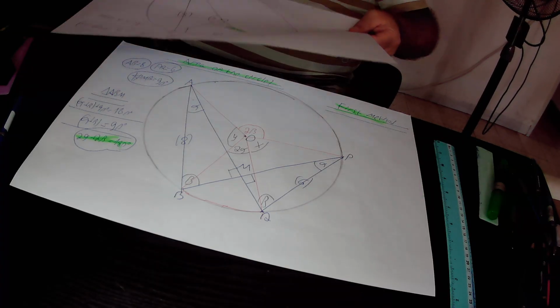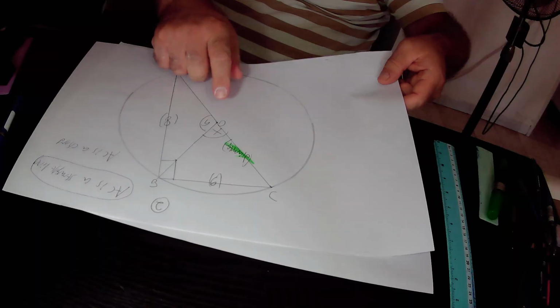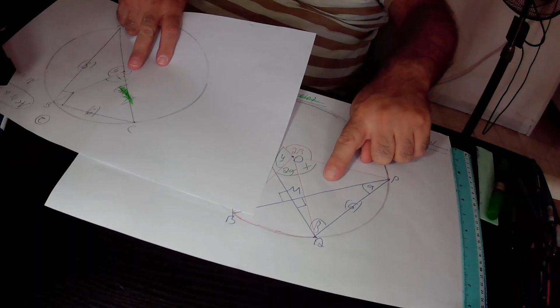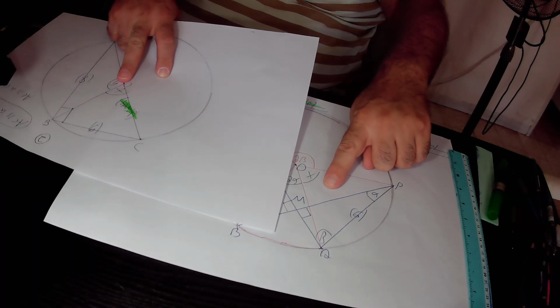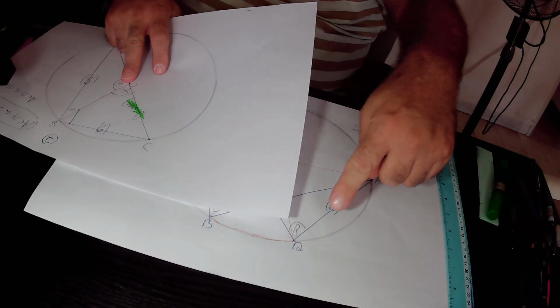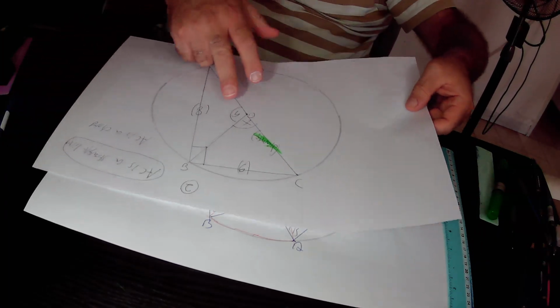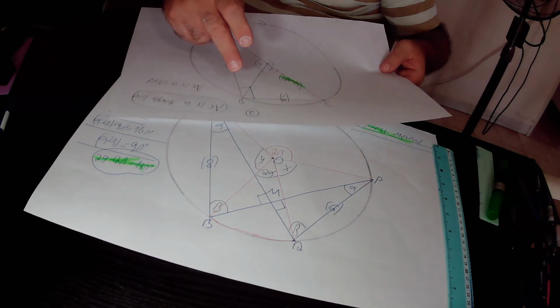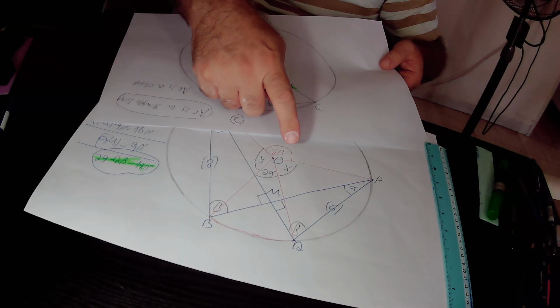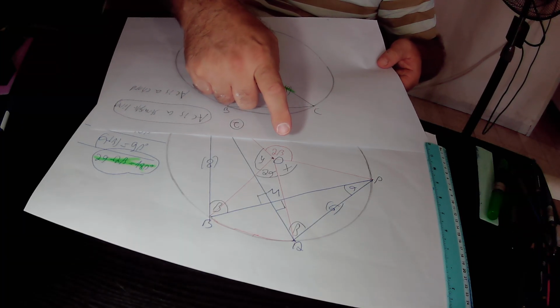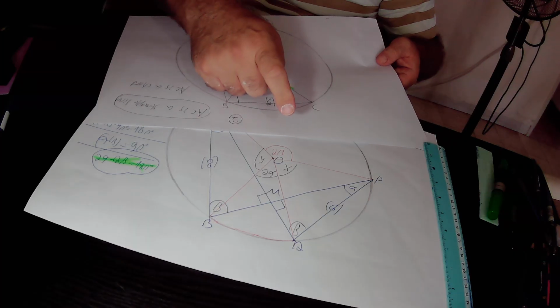And because those two center angles are both subtended on equal chords, chord QP equals 6 and chord BC also equals 6, those center angles must be equal to each other in their sizes.